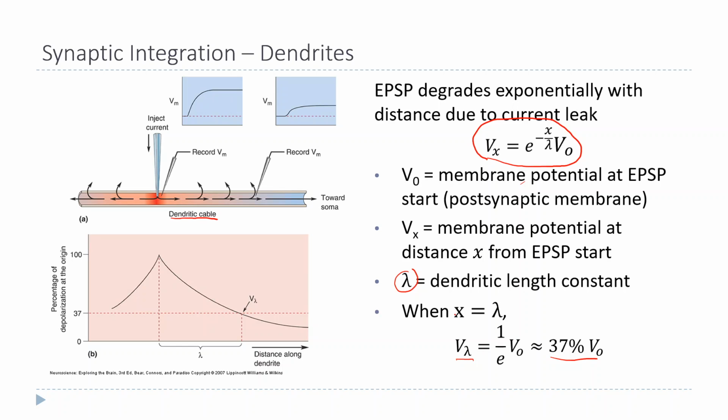That's just another way of describing the length constant. But like I said, the length constant is a function of the properties of the dendrite itself. So the shape of the dendrite matters, the membrane composition of the dendrite matters, and of course the distance of the postsynaptic position from the cell matters too.